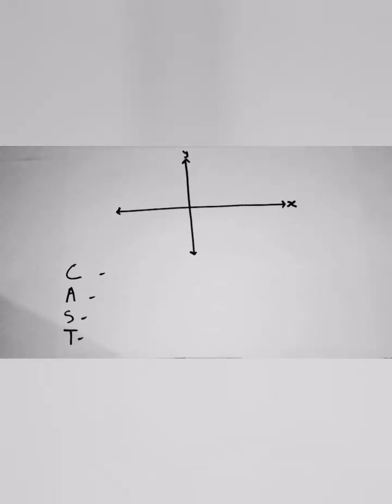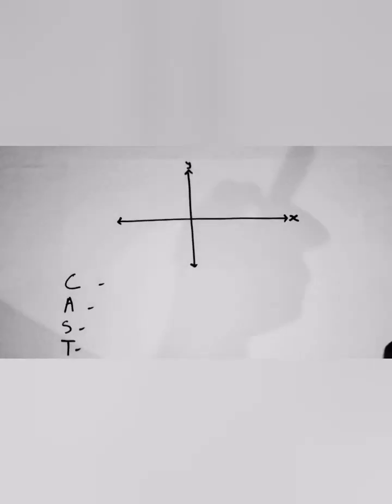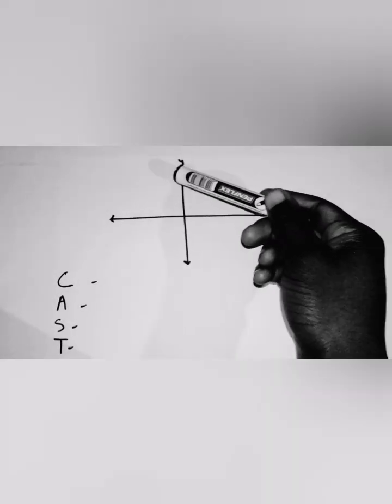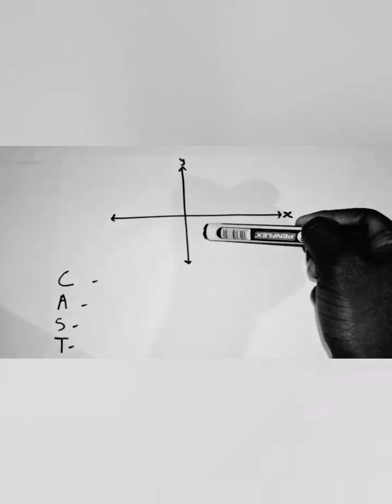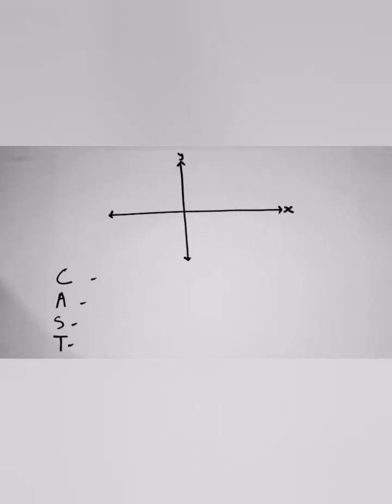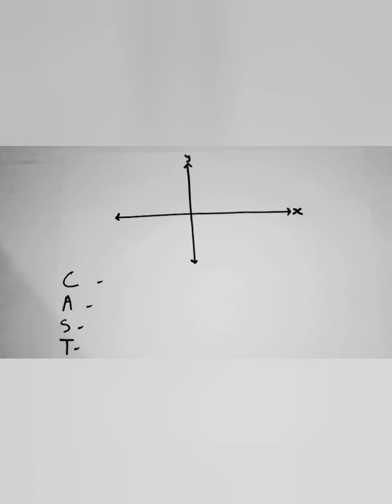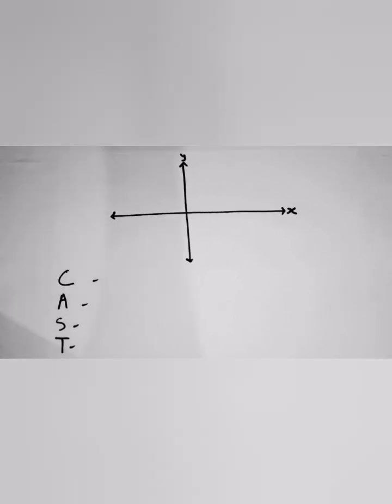Now, you were taught in grade 10 about the Cartesian plane in trigonometry known as the cast diagram. So here we have the first quadrant, second quadrant, third quadrant, and the fourth quadrant. Alright, it is very important for you to listen very carefully and understand what I'm going to explain here.